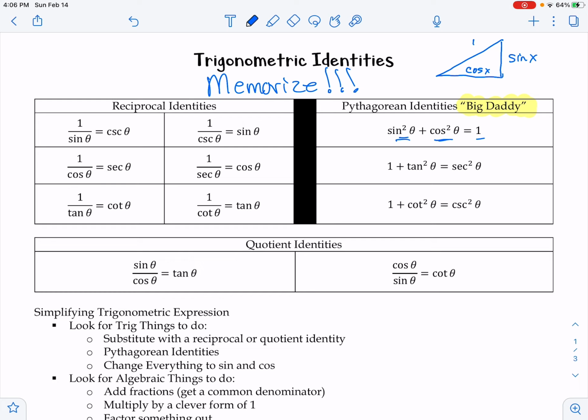All right. Actually, let's back up to this one. Many times you're going to see that as the cosine squared is equal to 1 minus the sine squared. Or you're going to see the sine squared is equal to 1 minus the cosine squared. So you should recognize those pretty quickly.